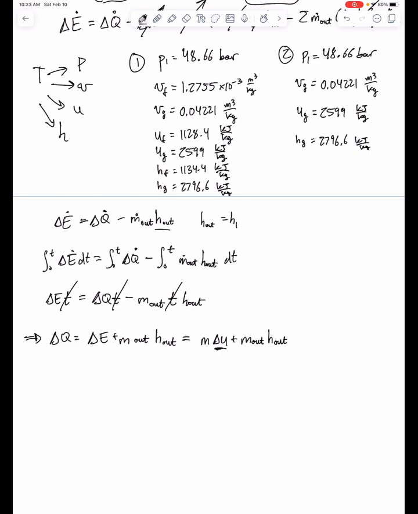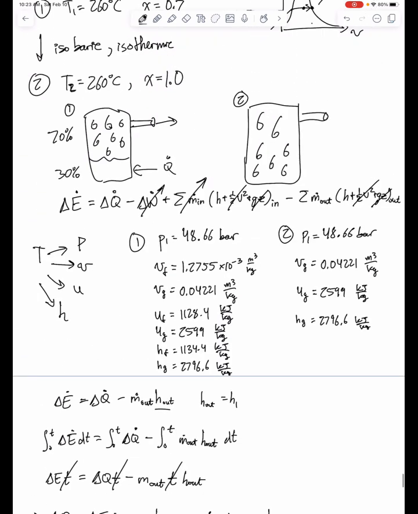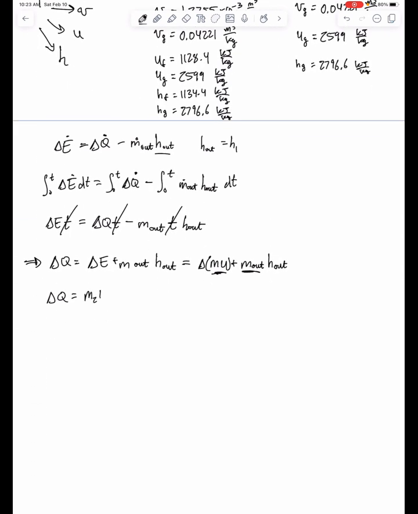Technically, I have to explain these two terms out. In fact, the mass of the problem is changing too. So let's explain these two terms out, and I'll show you what I mean. In the first case, the total energy for this second state, what it ends as is mass 2 times internal energy 2, minus what it initially was, which is mass 1 times internal energy 1.